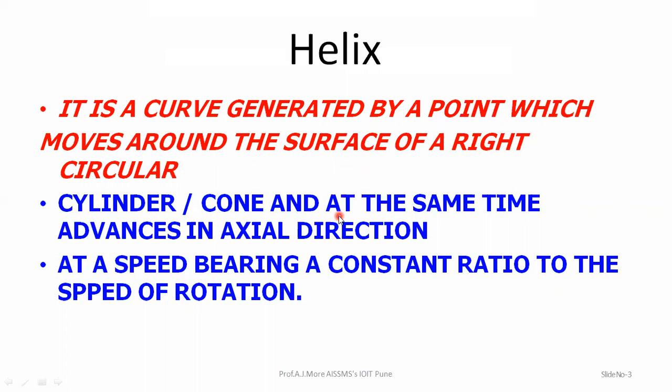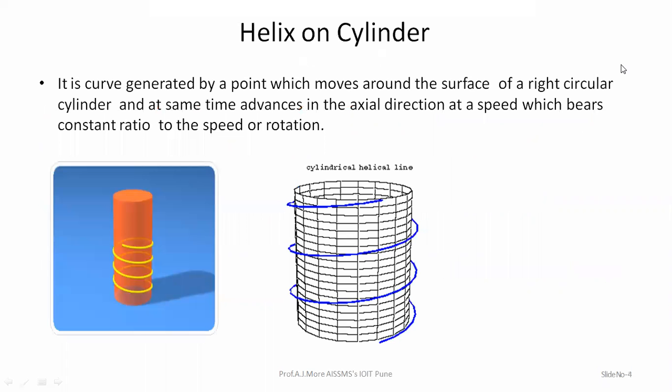At the same time, it advances in axial direction at a speed bearing a constant ratio to the speed of rotation. So there are two types of helix curve. One is helix on cylinder and one is helix on cone.